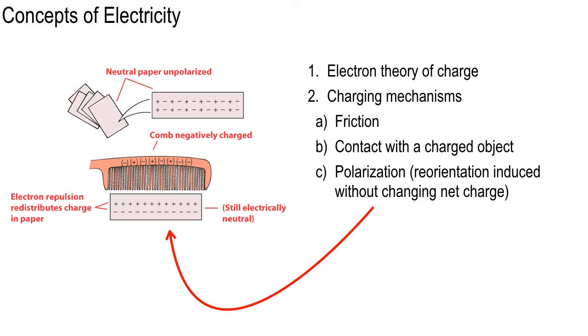But basically what happens is, for instance, if you charge up the comb to be negative, and you take a neutral piece of paper, like this little strip down here below the comb, if it's neutral initially, that means it has the same number of protons as electrons, roughly. But if you bring it close to that negatively charged comb, the electrons in the paper will kind of hightail it to the other side.